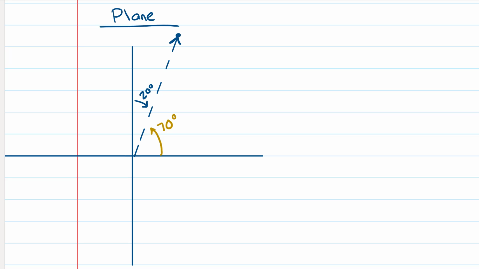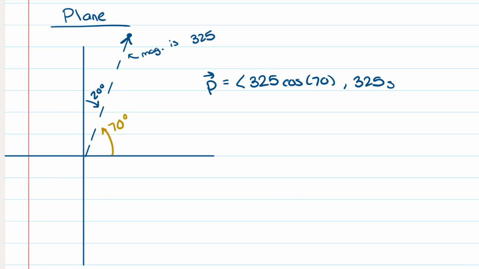And it tells me the plane is moving at 325 miles an hour. So the magnitude here is 325. So in order to find the vector coordinates, it's going to be 325 cosine of 70 and 325 sine of 70.